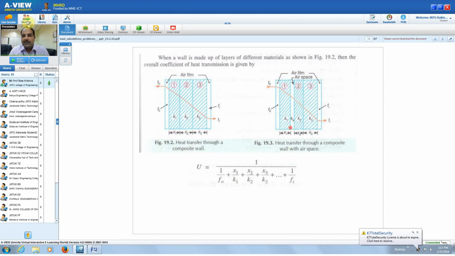And figure 19.3 shows heat transfer to a composite wall with air space. We have already seen the first two diagrams. This is the air space, and this is also an air space, and this is also an air space. So this is the composite wall, and finally we can calculate the overall coefficient of heat transfer with this formula.